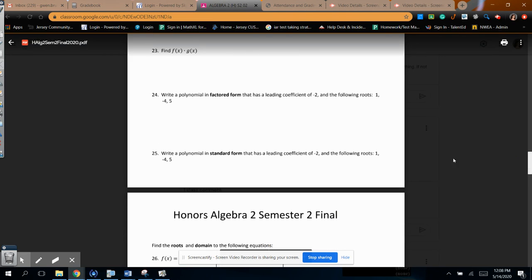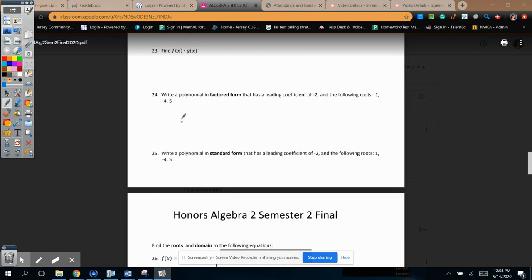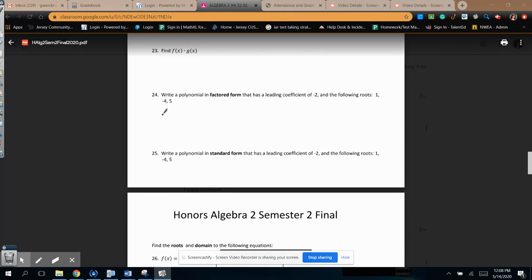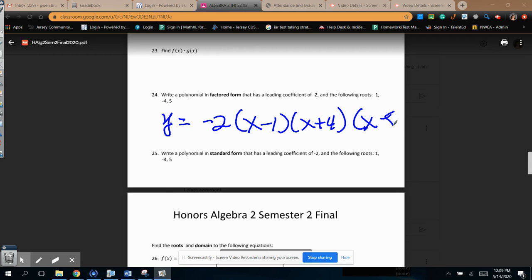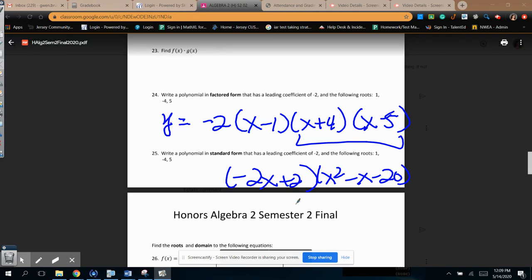Okay, factored form polynomial. Leading coefficient is 2, negative 2, sorry. And the roots are 1, so x minus 1, and x plus 4, and an x minus 5. Just change those signs. And then they want you to write the same thing in standard form, so multiply it all out. Let's do this first. How about an x squared minus x minus 20? And then this would be a negative 2x plus 2.